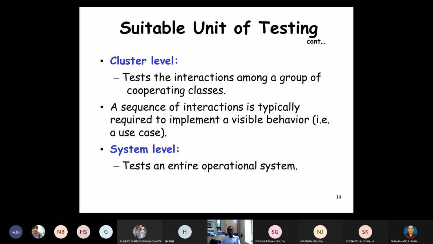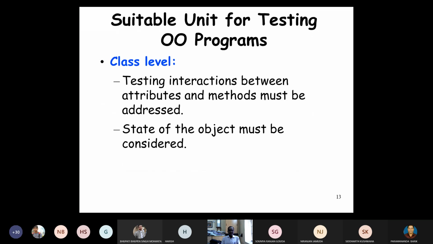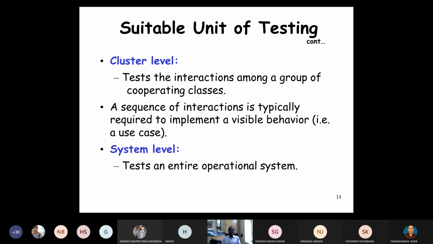Unit testing corresponds to class level testing, because the smallest unit is the object or the class. Integration testing corresponds to cluster level testing, so cluster level testing is equivalent to integration testing. And system testing is the same; in traditional testing we say system testing, and here also we say system testing.